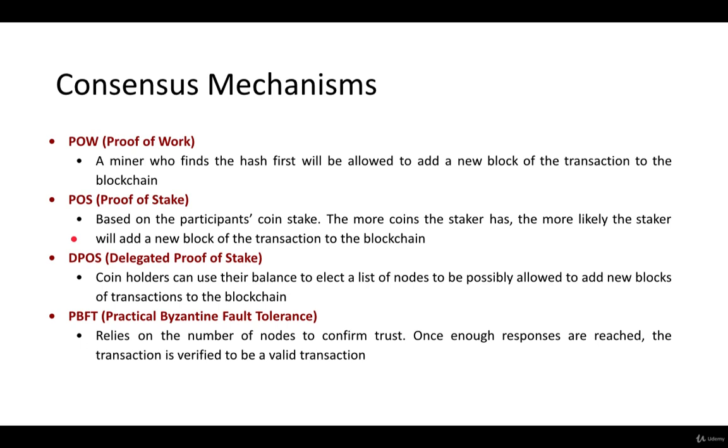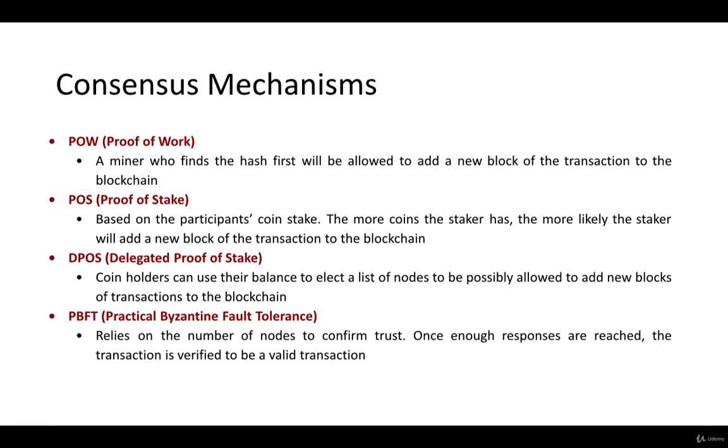So if there were two miners and one of them had a larger stake, then he will have the right to add the transaction to the blockchain. Proof of stake reduces the number of participants involved compared to proof of work, and it decreases the mining time as well as the computational power involved.